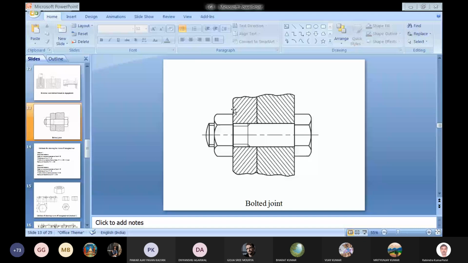So for that, a washer is used to provide a smooth surface, and at the same time it provides uniform pressure distribution which is applied by the nut.